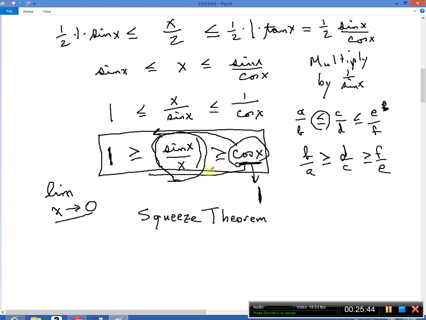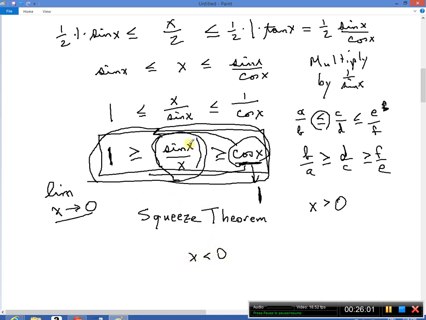And that does it. Now, it does it only for positive values of x. But you know what? If you look at this inequality right here and ask yourself, what would happen if you made x negative? Think about it. If you just replaced x by its negative here and here and here, the cosine is what we call an even function.